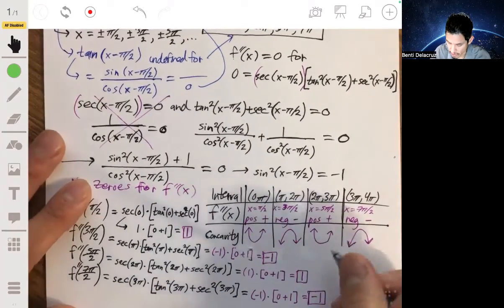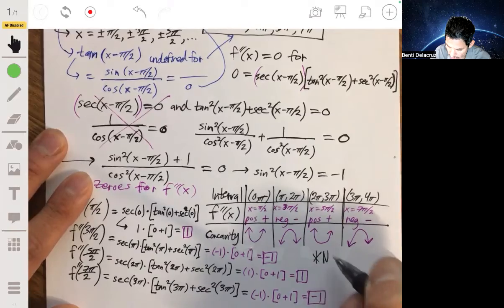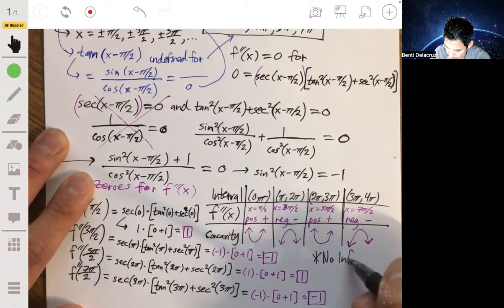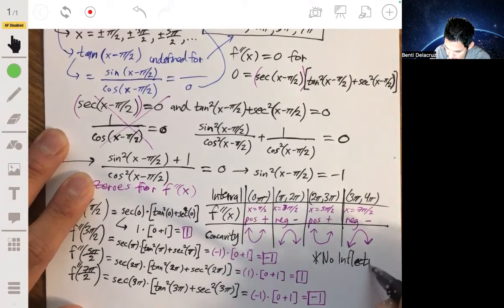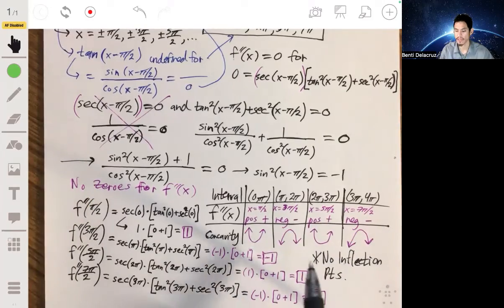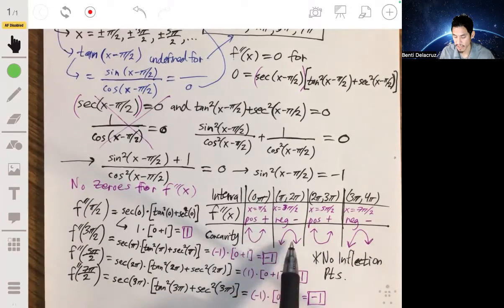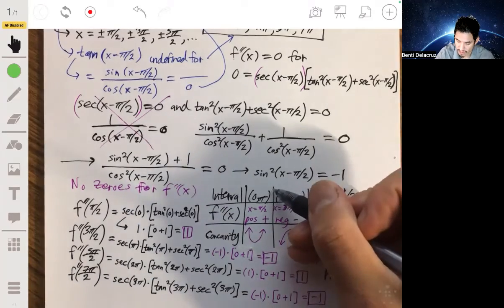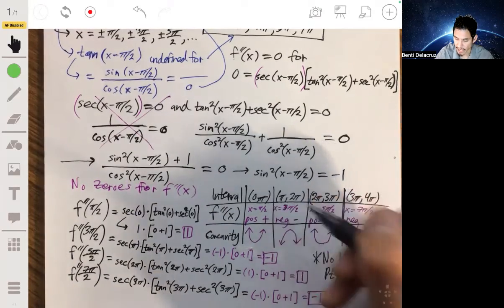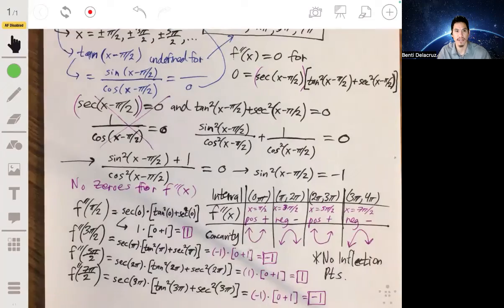And there are no points of inflection, so no inflection points. Now you're like, why aren't there any inflection points? Because it changes from concave up to concave down. It's because these are undefined values. It's undefined at pi, 2 pi, 3 pi, so it doesn't connect.